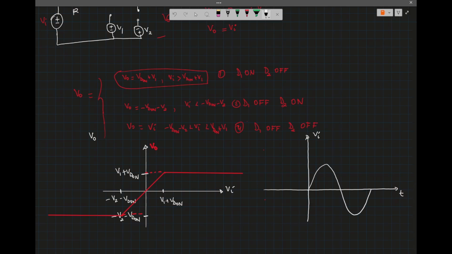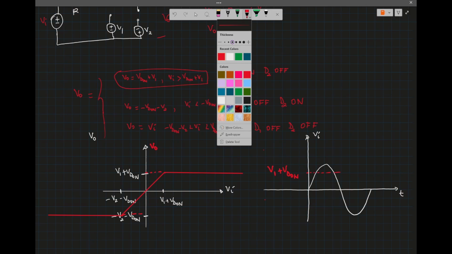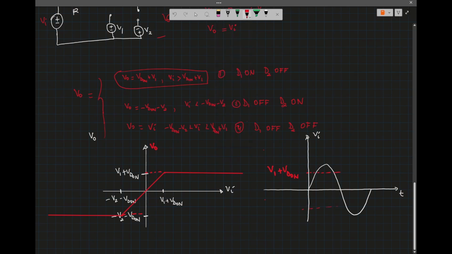Now we have V1 plus VD on, and minus V2 minus VD1. See the analysis, right?